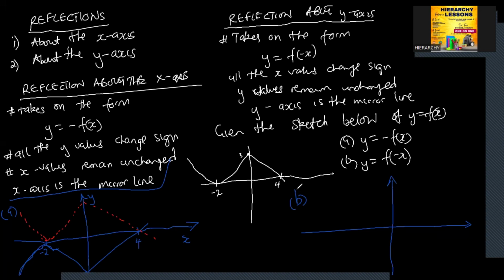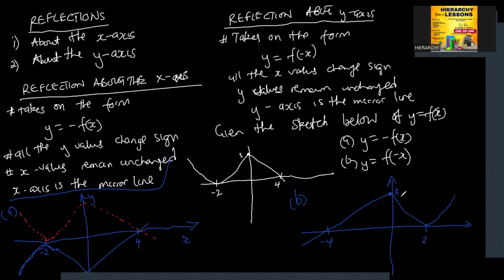Minus 2 becomes 2, and 4 becomes minus 4. So we have minus 4 here and 2 here. We're just reflecting it, so it's going to take this form, then go like that.